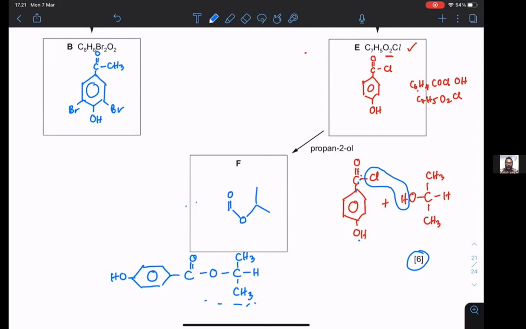This one is going to be connected to the benzene. So maybe I draw benzene.